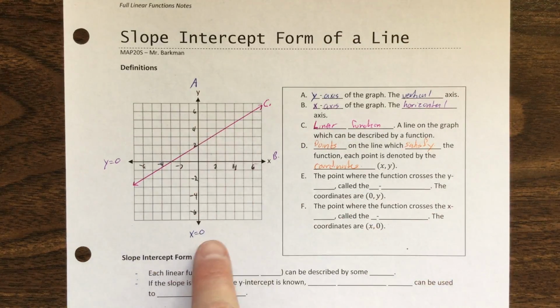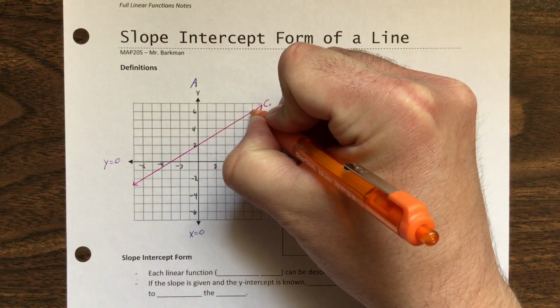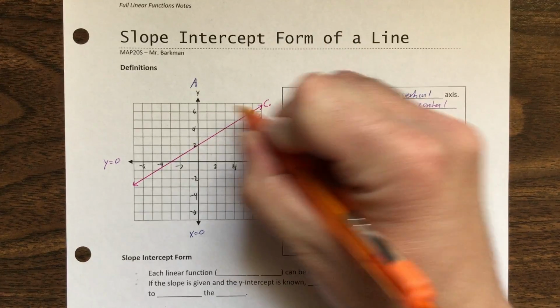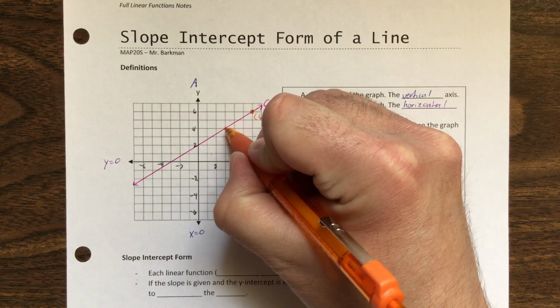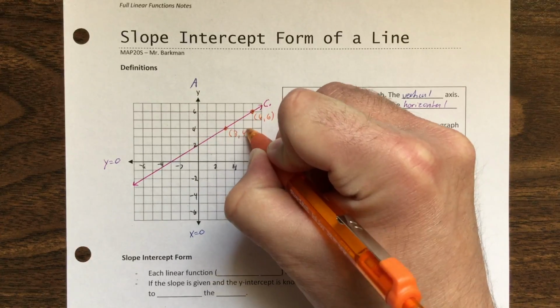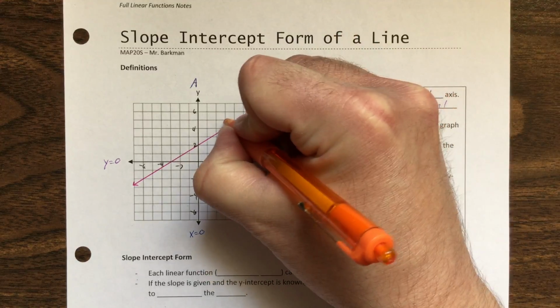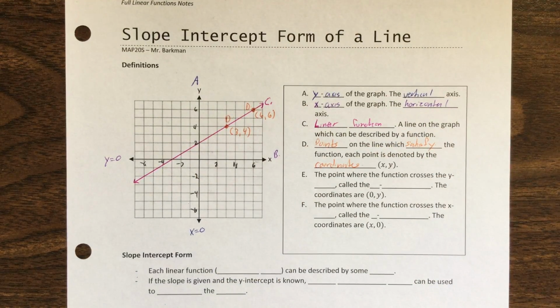These are x values, these are y values. This point right there is where x is 6 and y is 6. This point right here is where x is 3 and y is 4. That is how we denote our points. I'm going to put a D right there because those are our points on the graph.